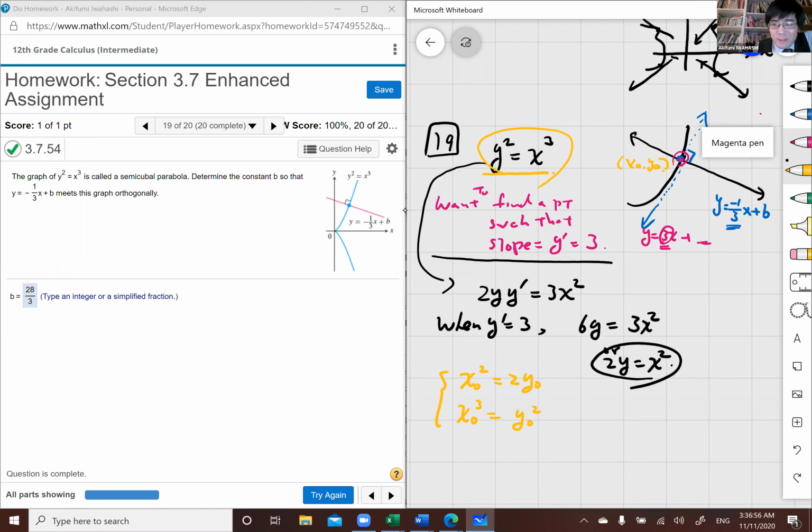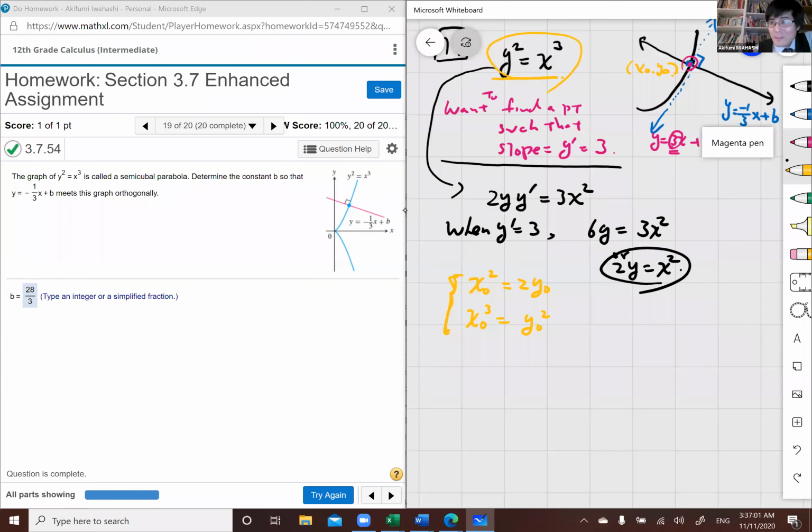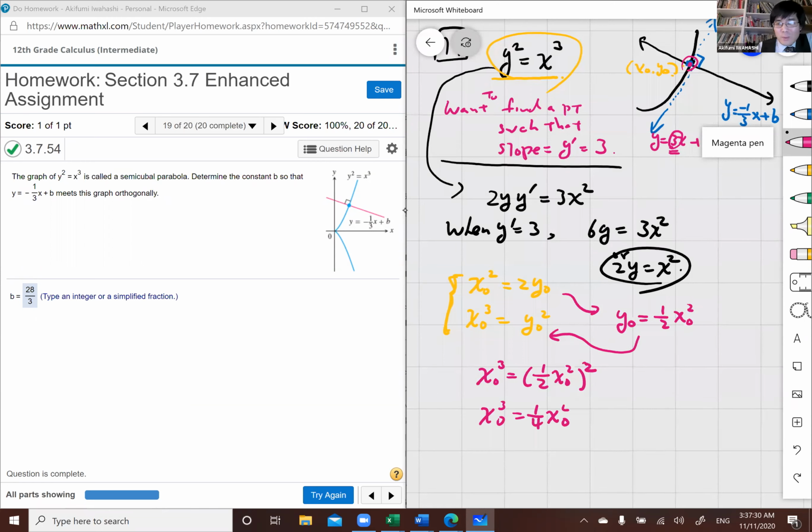So you've got a system of two equations, two unknowns, and you just need to solve for this. Let's do the substitution. Rewrite this as y naught is equal to 1/2 x naught squared. Plugging into here to eliminate one variable, x naught cubed is equal to 1/2 x naught squared, so x naught cubed is equal to 1/4 x naught to the 4th power, which is a quartic equation.